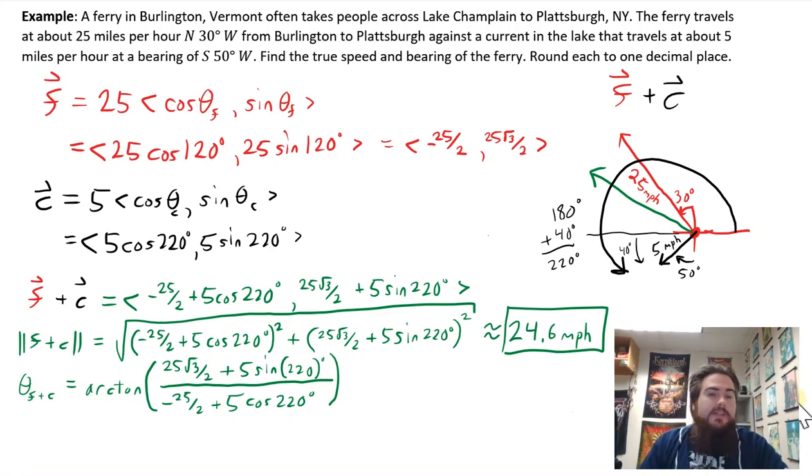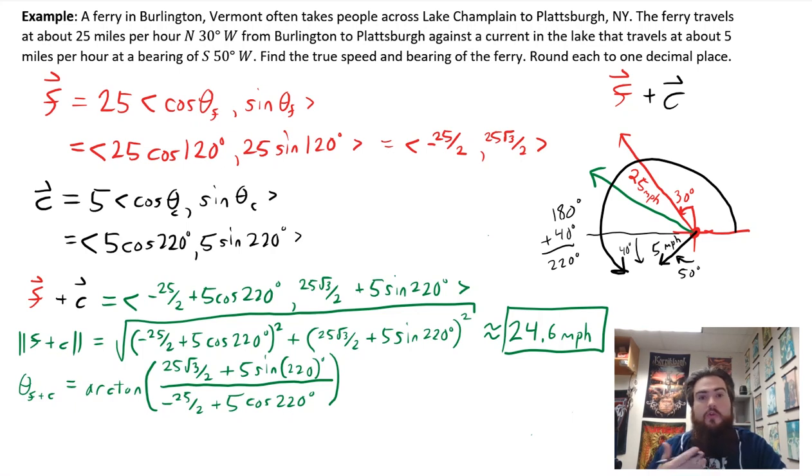Now, I know that this overall will not give us our correct answer for a couple reasons. For one, arctangent of this fraction is not going to give us a standard position angle measure in quadrant 2, because arctangent cannot do that. It can only give us an angle measure between negative pi halves and pi halves, or in degrees, negative 90 degrees and 90 degrees.